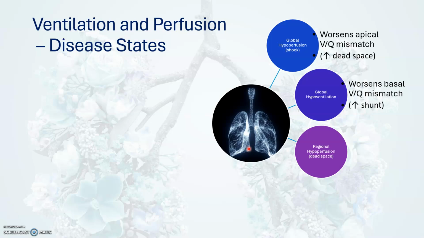A pulmonary artery is blocked and that area of the lung is hypoperfused. Initially that would cause an area of dead space, an increase in ventilation perfusion mismatch, areas that are ventilated but not perfused. But the human body finds a way to try to adjust for this.